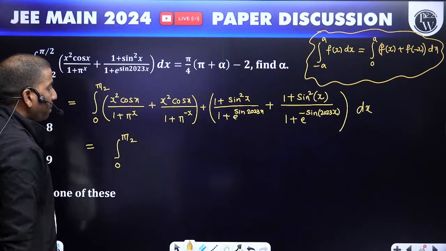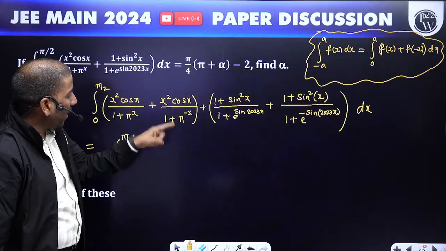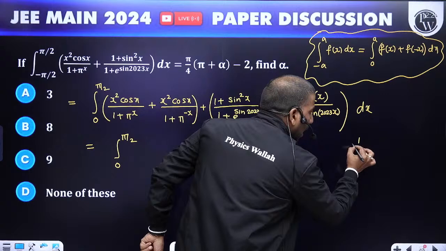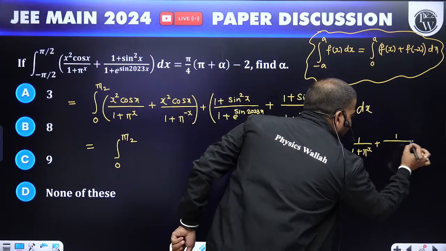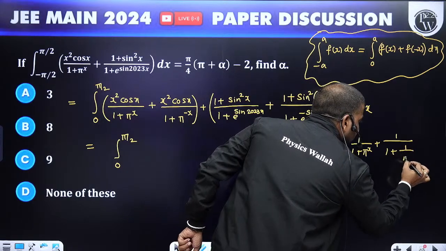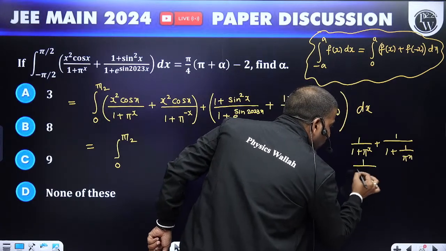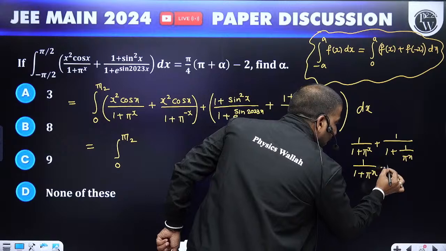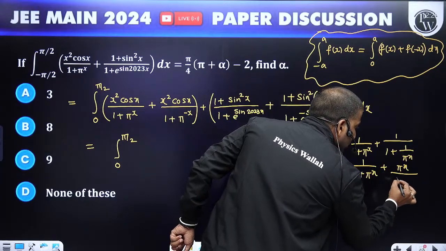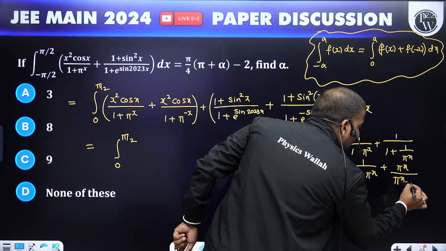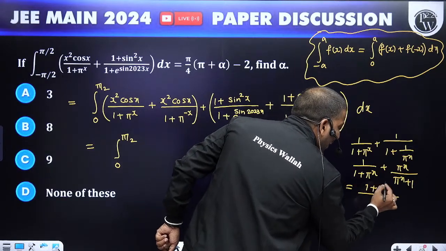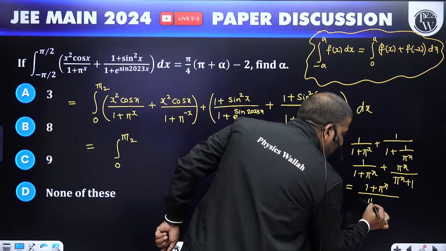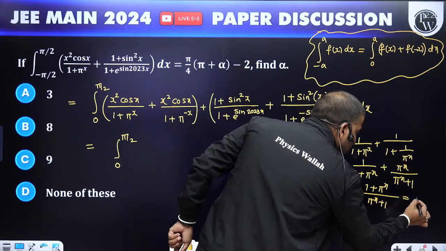Understand here, pi power minus x. So for our reference, I'm writing 1 by 1 plus 1 by pi power x. So what would you get? 1 plus pi power x, this will be pi power x plus 1. Have you noticed both the denominators are same? We can add the numerators: 1 plus pi power x over pi power x plus 1, which is equal to 1.